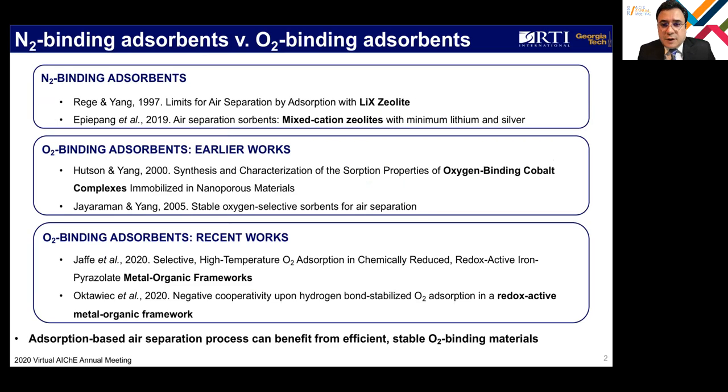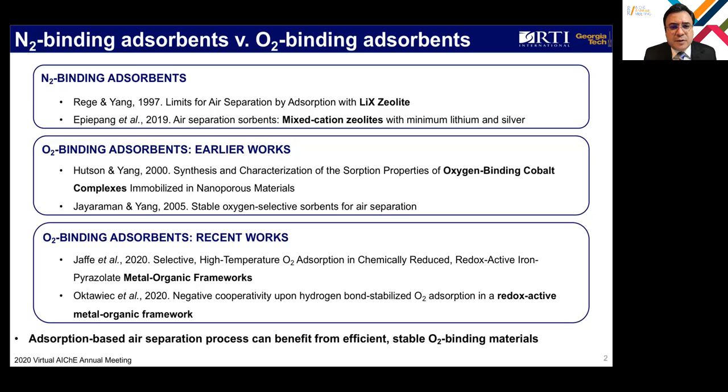So categories of zeolite materials, different types of zeolites, mixed cation zeolites, lithium X zeolites have been the ones that have worked and have been commercialized successfully for this type of application. But from a process point of view, it is also attractive to use oxygen binding adsorbents. And this has raised a lot of interest in the last 30 years or so approximately.